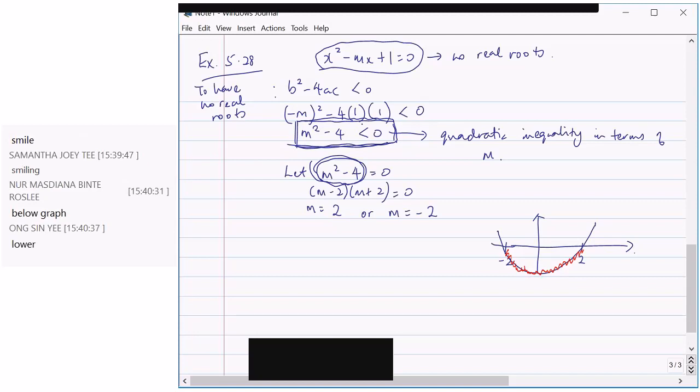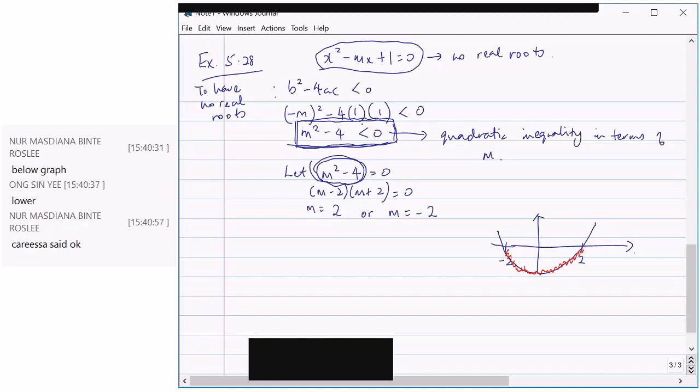Audrey, you alright so far? Karina, you okay? Carissa? Shout if you don't understand anything, okay? So I'm interested in this part of the graph because I'm interested in less than 0.